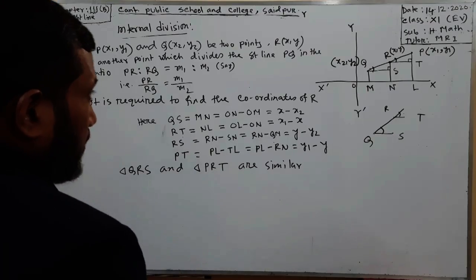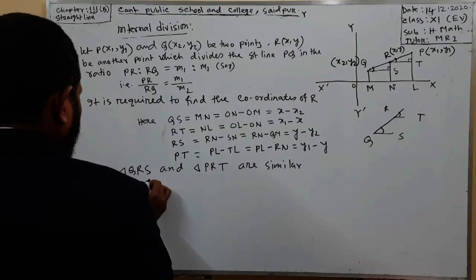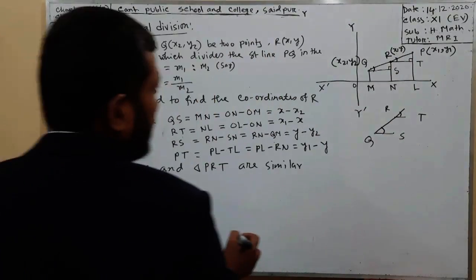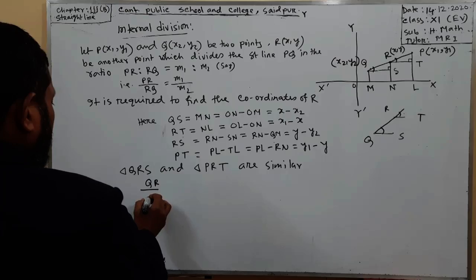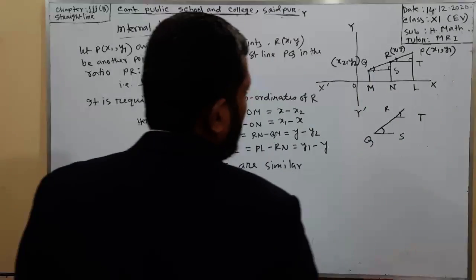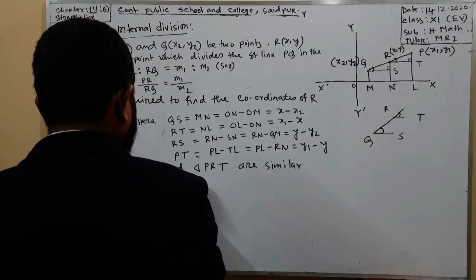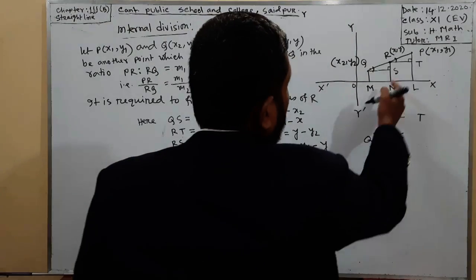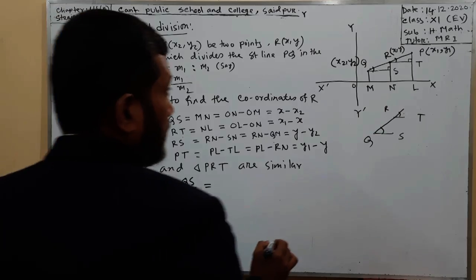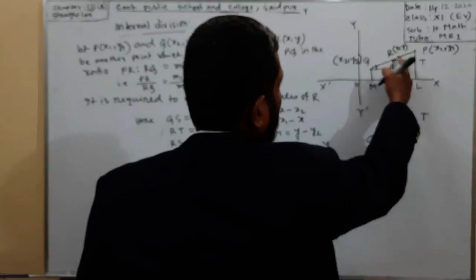That is, the opposite of the angle at S is QR, and the opposite of the angle at T is PR. The side opposite angle R is QS, opposite angle P is RT, opposite angle Q is RS, and opposite angle R is PT.